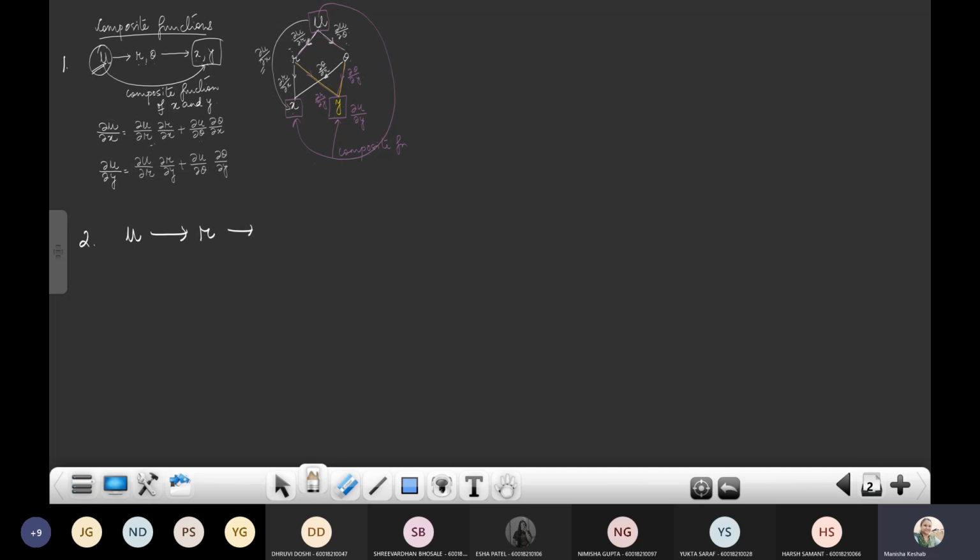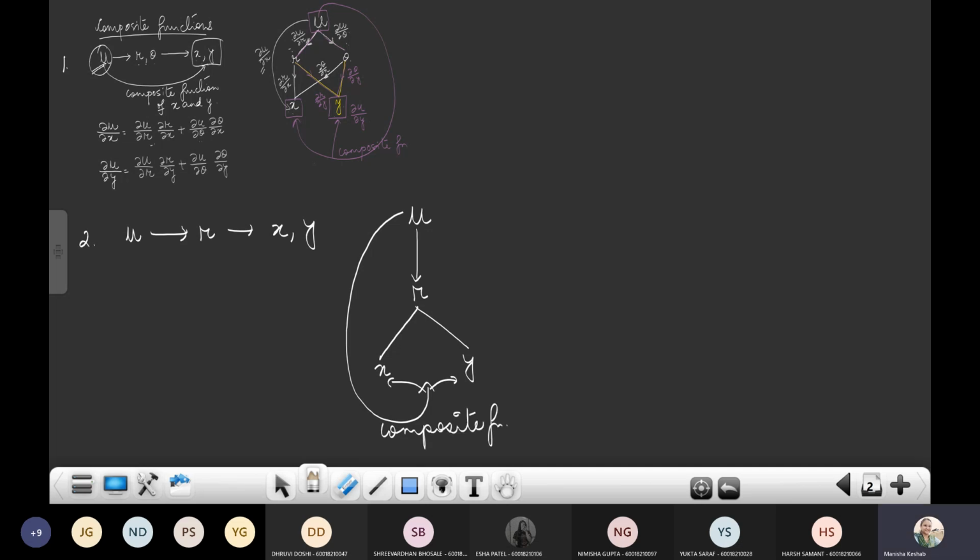So u is a function of r and r is a function of x and y. This already we have done. So if you draw the tree diagram here, it will be like u is a function of r and then r is a function of x and y. So we can say that u is a composite function of x and y.